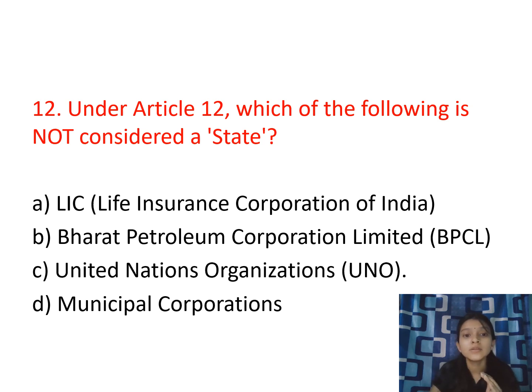There are three that fall under the requirements of a state, and something which we need to eliminate. So the answer would be the United Nations Organization. UNO doesn't have any role in Article 12. So the answer would be United Nations Organization.